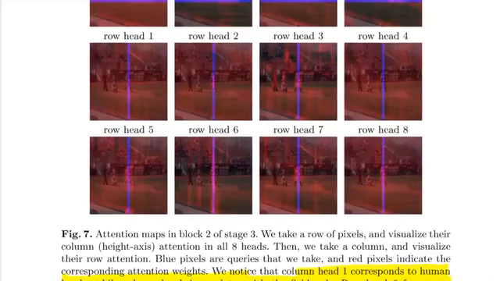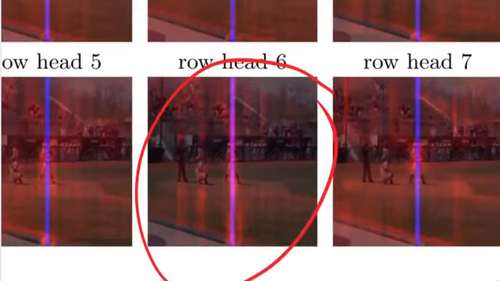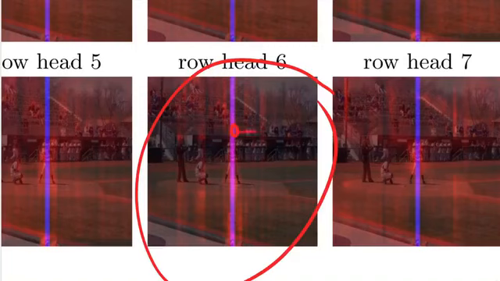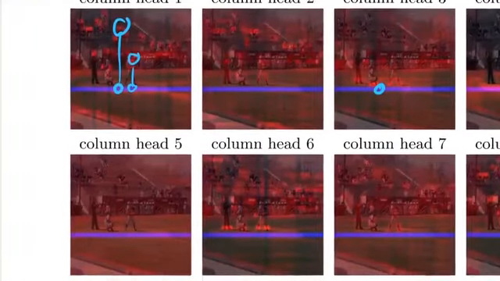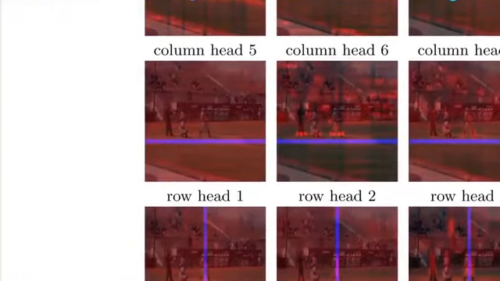So row head 6, which is this thing right here, you can see that, okay, it maybe focuses on small regions, though you can see, okay, like here you can get it, that's a person, but in other places, I don't know, where column head 5 pools over the whole image.